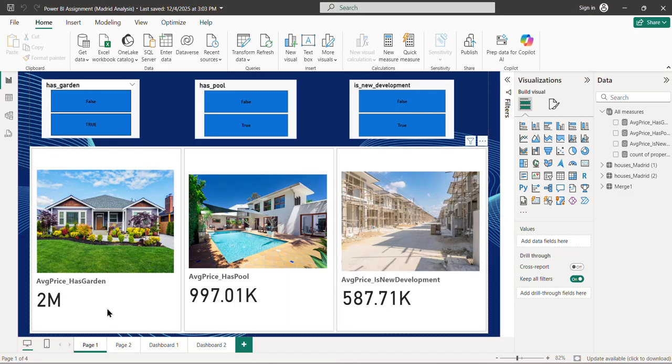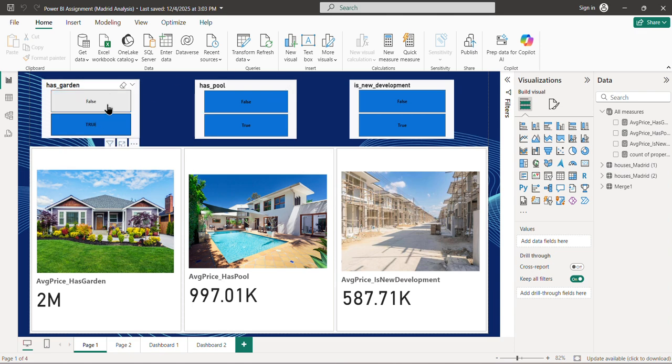If we see here, the highest average price is garden, and the average prices of pool and new development are lower than the garden. And we have the filter as well if we want to see the data set of garden clearly, except pool or new development.